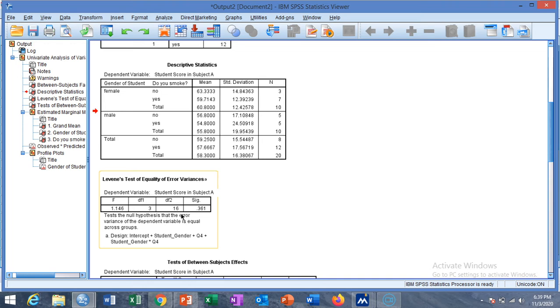And this test is performed to check the equality of error variance. The null hypothesis is that the variances are equal among groups, and an insignificant result shows that the variances are equal.